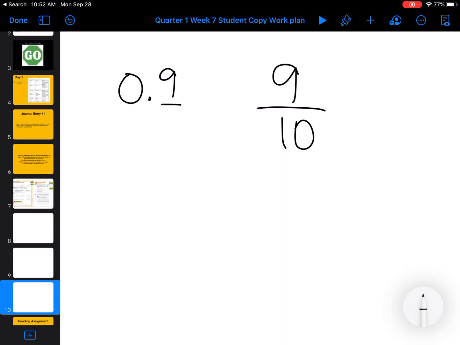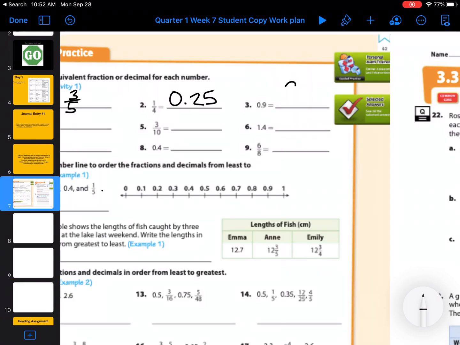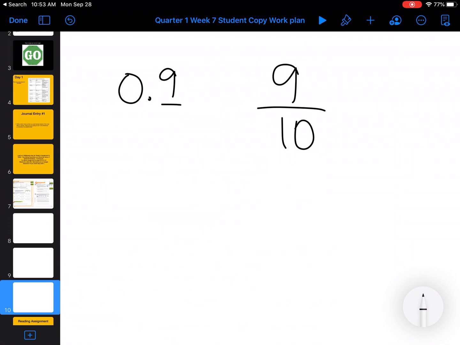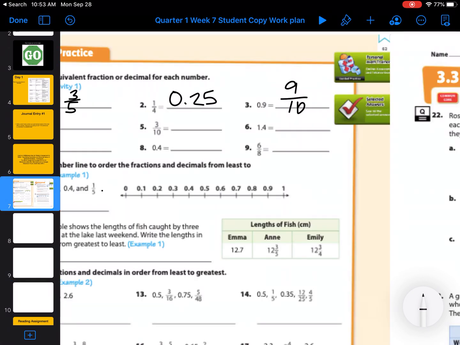Now I know that 9 and 10 do not share any factors other than 1, so that's my final answer. And then I have 0.1. I'm going to do that on the same one. Same situation. The place value is in the tenths, and my numerator is just a 1. That can't be simplified, so that's my final answer.